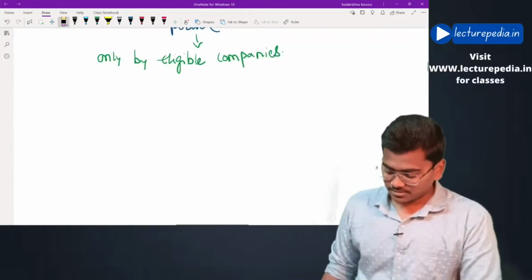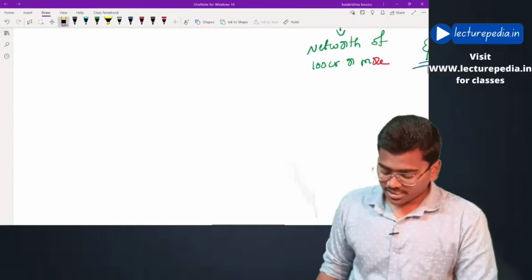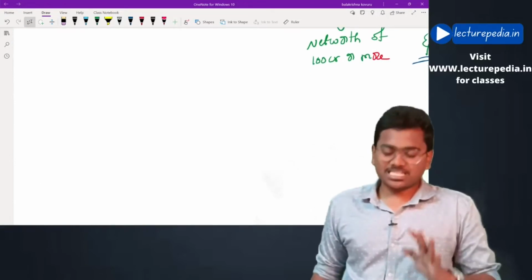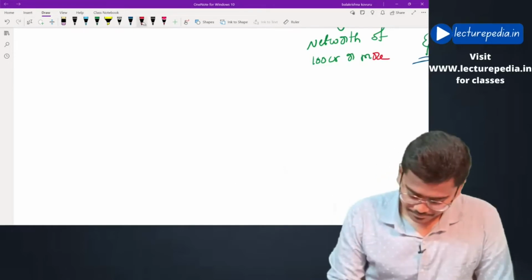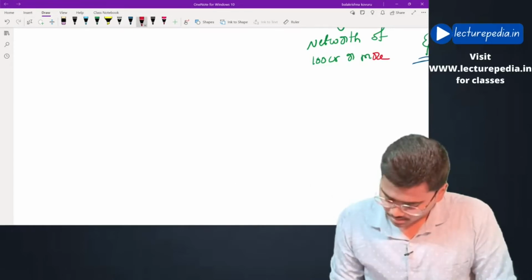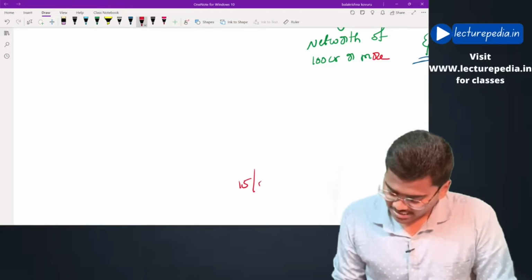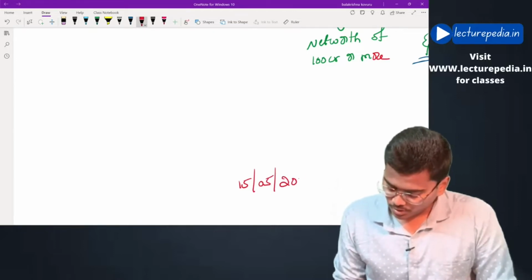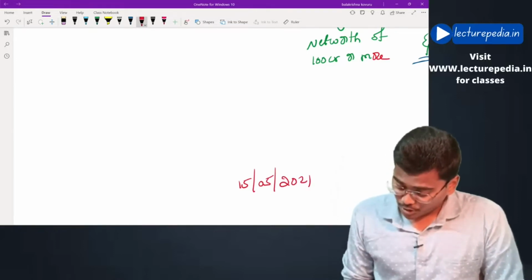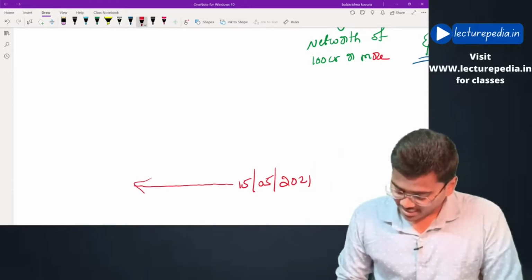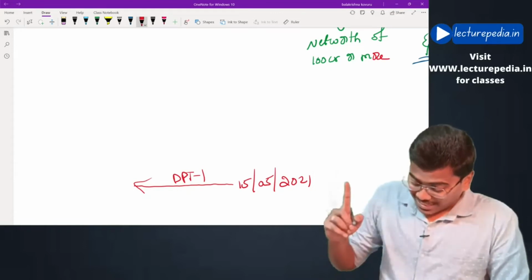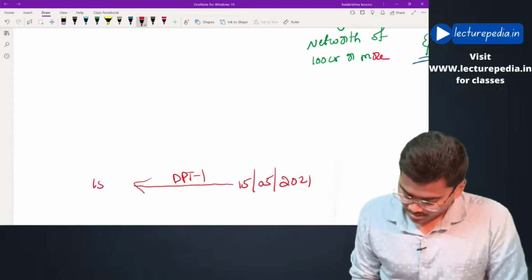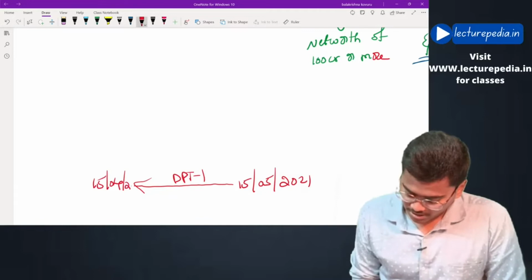Let's say you wanted to give the advertisement related to raising of deposits on, let's say, the 15th of May 2021. In that case, you should file this DPT1 with the registrar at least by 15th of April 2021.